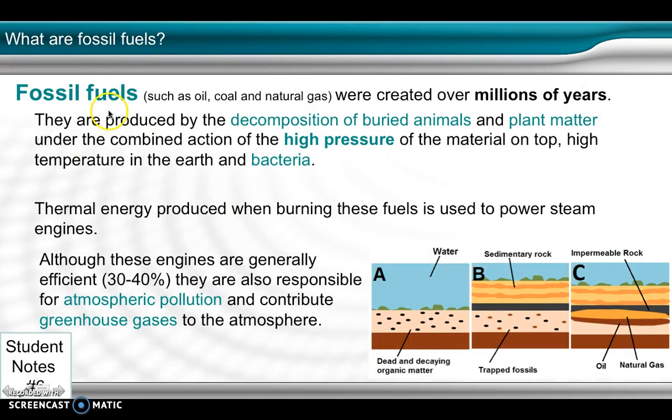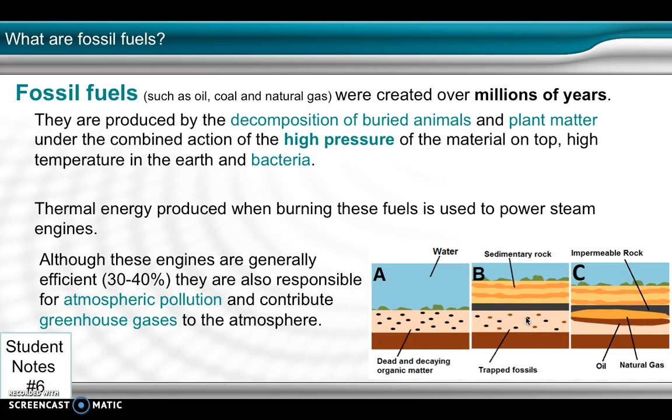So you've probably heard of them before, and fossil fuels are actually called fossil fuels because they're made of fossils, which is a little weird. But fossil fuels are dead and decaying stuff that has been covered by other rocks over top, and trapped that dead and decaying stuff in between layers of rock.